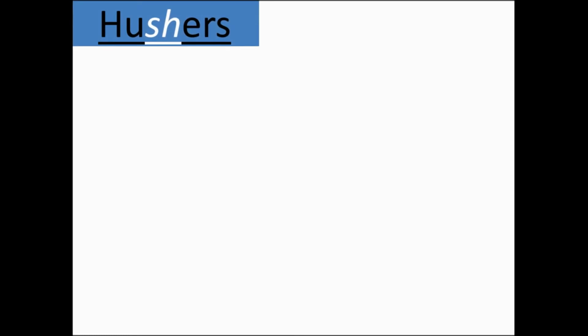Now what are these spelling rules I keep talking about? Well, the Russian alphabet has two subcategories for some of their consonants, and they are known as hushers and velars. Now what are the hushers? The hushers are letters that are formed in the front of the mouth, so when you go sh, it's the letters that are formed in that space in your mouth. That's why they're called hushers.